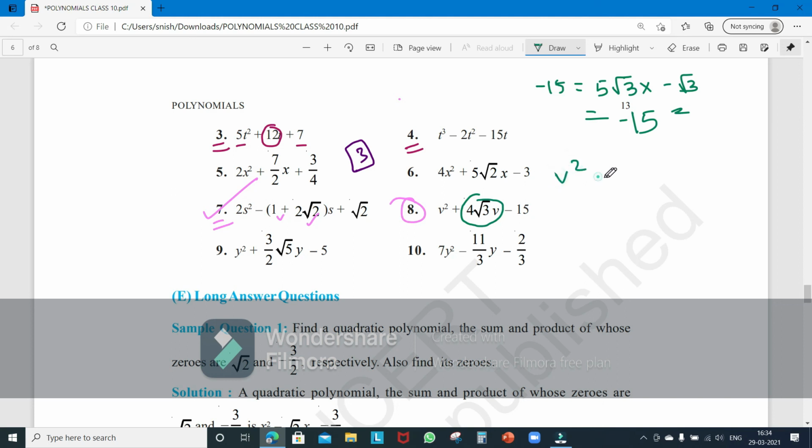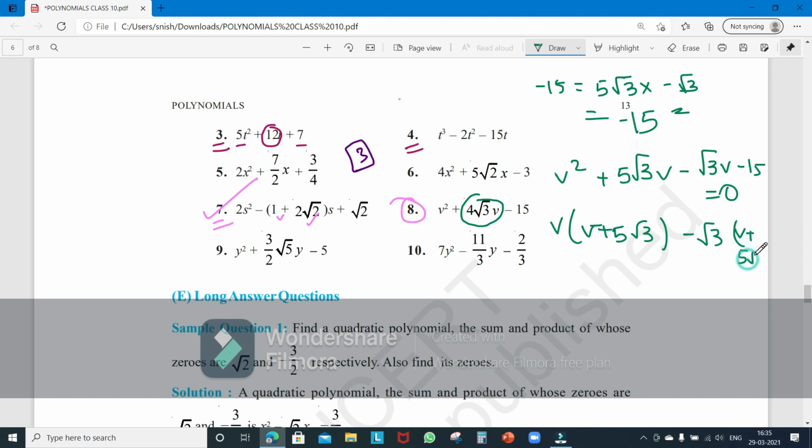v squared plus 5 root 3 v minus root 3 v minus 15 equals 0. Take v common, v plus 5 root 3, minus root 3 into v plus 5 root 3.